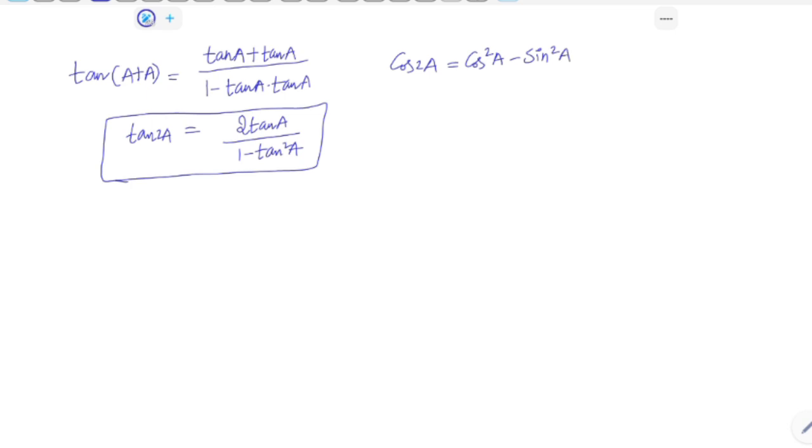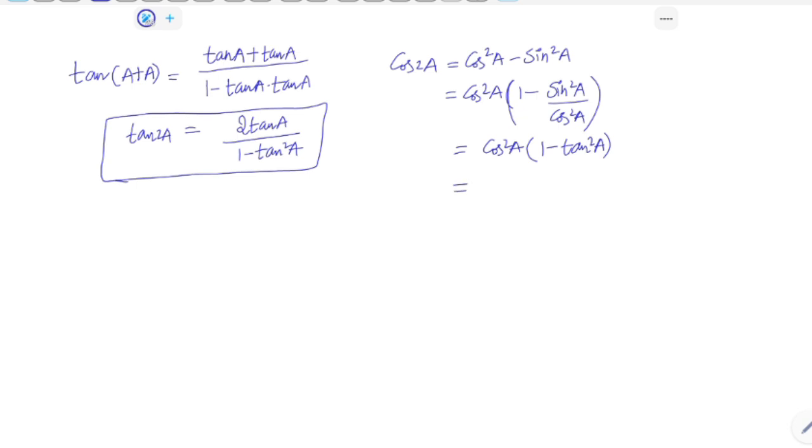Now what I am actually trying to do is take cos square A as common. So if I take cos square A as common, we will get 1 minus sin square A by cos square A. Cos square A into 1 minus sin square A by cos square A, where sin square A by cos square A can be written as tan square A. Okay.